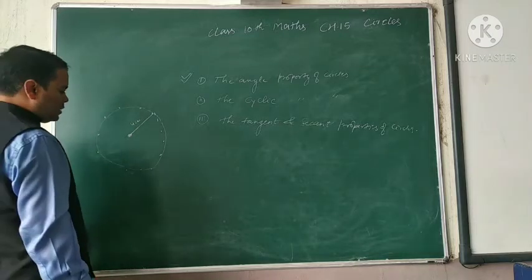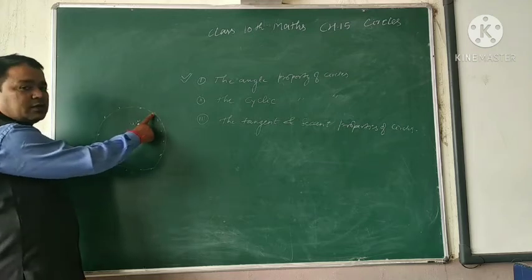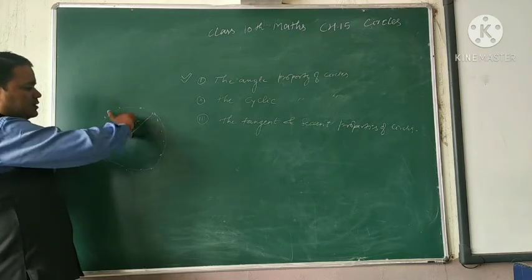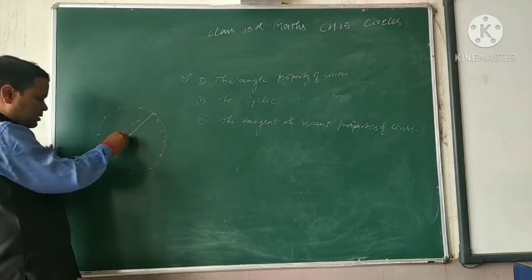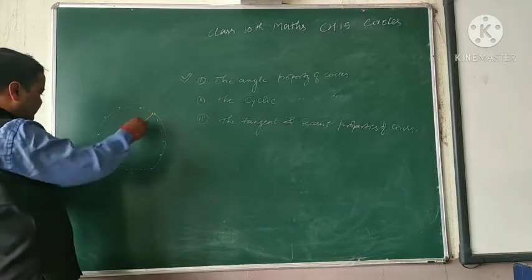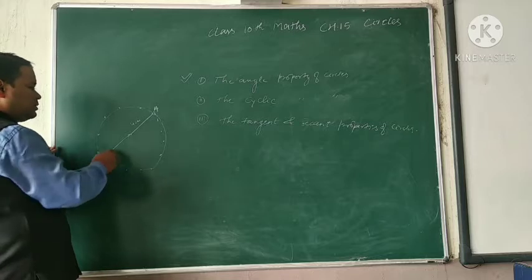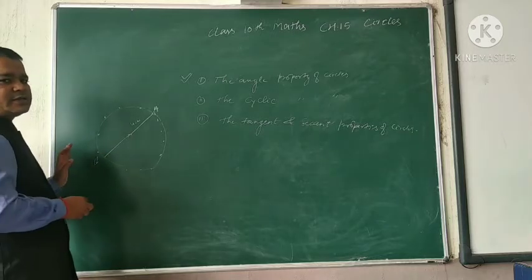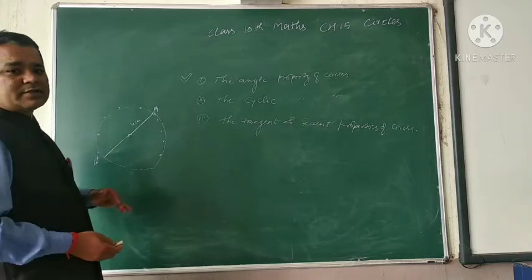Now this is called the radius of the circle. If we draw a line passing through the center of the circle, and this is A and this is B, then AB is the diameter, also called the longest chord of the circle.